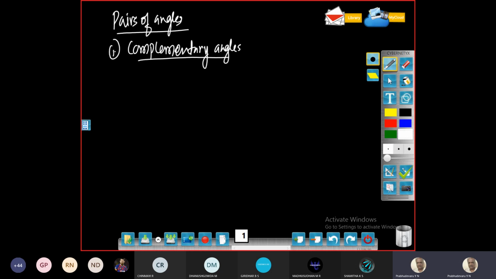So let me draw the diagram of two angles now. Let us take this one as 30 degrees, and another one like this.